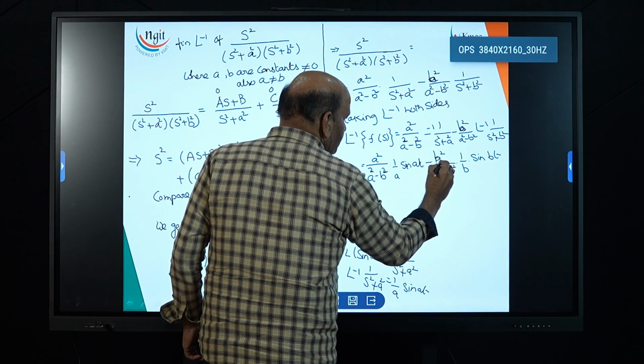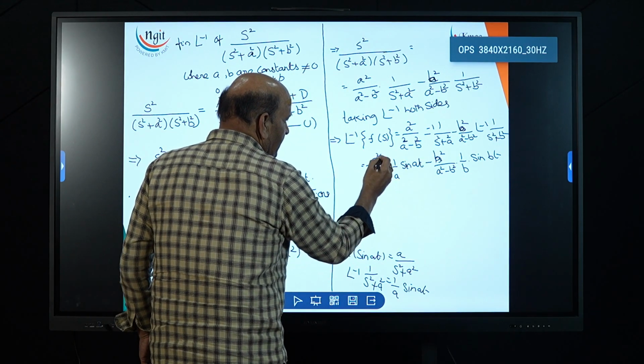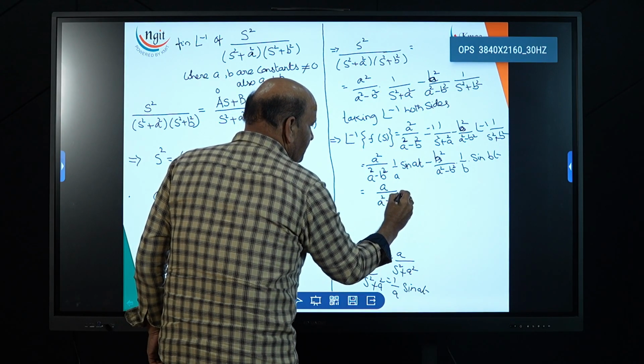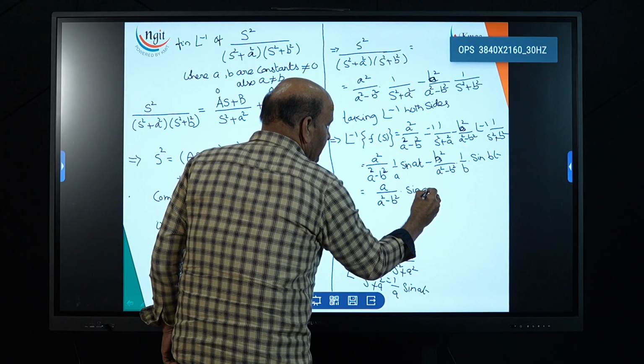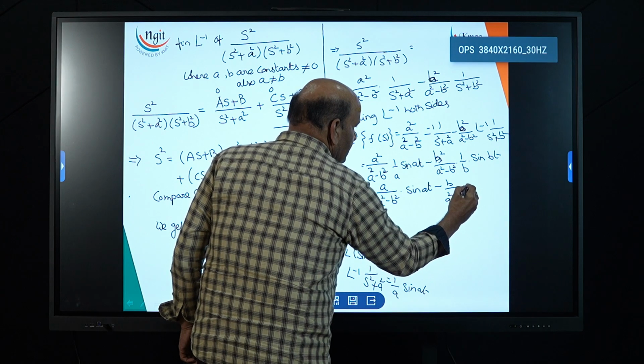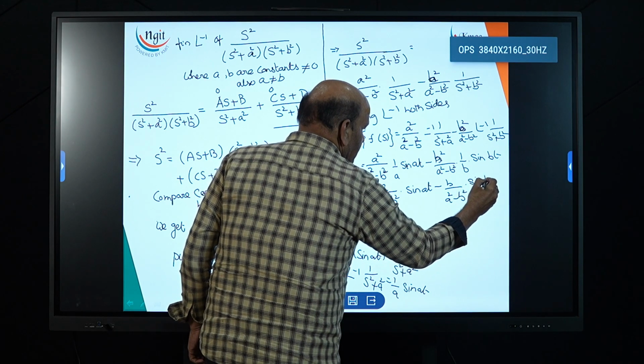This is also b. Now here a cancels one time, that is a by a square minus b square into sin at minus b by a square minus b square into sin bt.